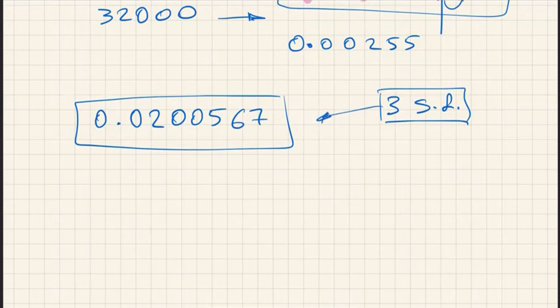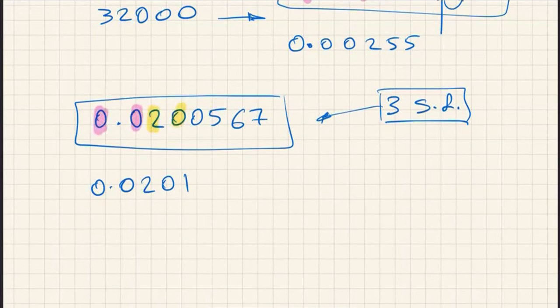There's 0.02, 0, 1. This is the final. Yeah, I think so. Yes, exactly. You are right. Why?